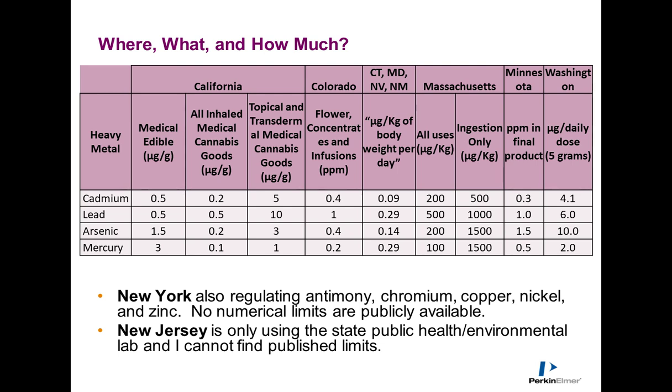What we can see here is a snapshot of the states that require heavy metal testing, namely California, Colorado, Massachusetts, Minnesota, Washington, etc., and the regulatory limits they've set for the various types of cannabis product. Here we can see that there are particular categories for both medical, inhaled, topical in California. So having an ICP-MS method for all of these is important to ensure quality.